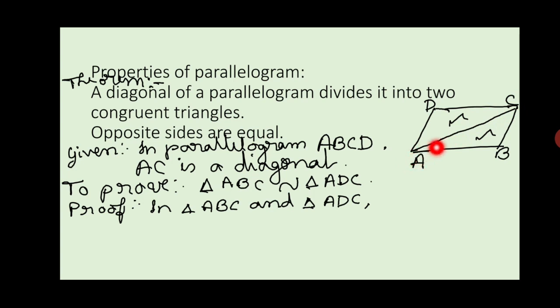Then, if a transversal intersects two parallel lines, these angles are equal because they are alternate interior angles. So these two angles are equal.